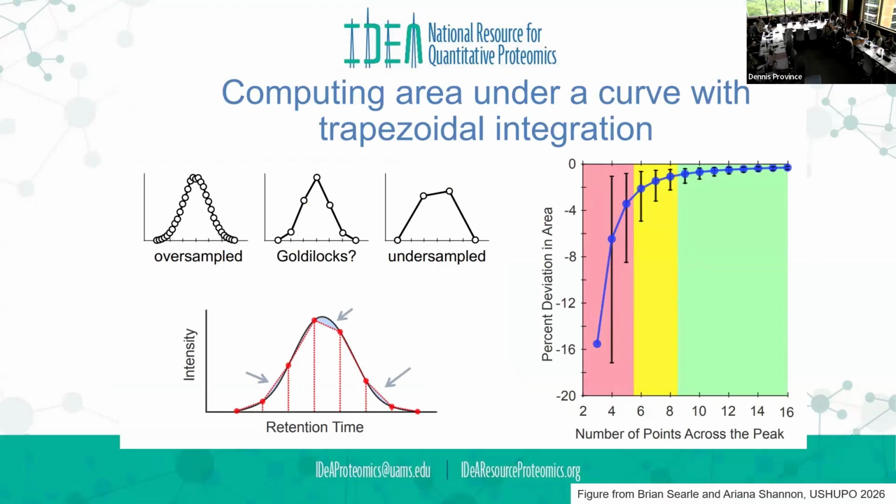So here's what happens if we oversample: if we take too many samples, we're wasting instrument time. If we undersample, we get a misshapen peak that doesn't accurately represent the quantitation we want. So we want to find that Goldilocks best fit right in the middle, and they think it's somewhere in the 7 to 8 range.